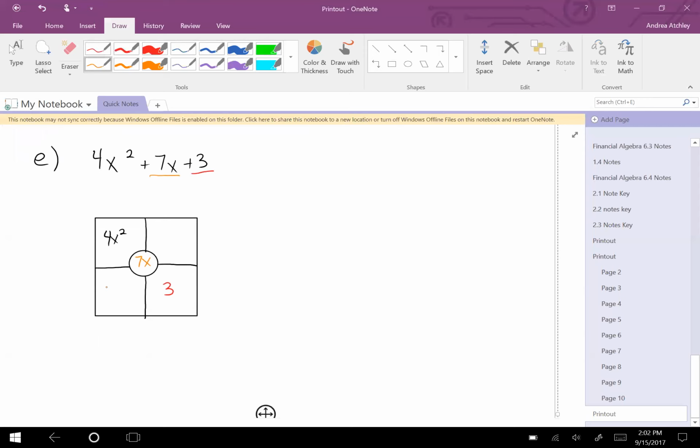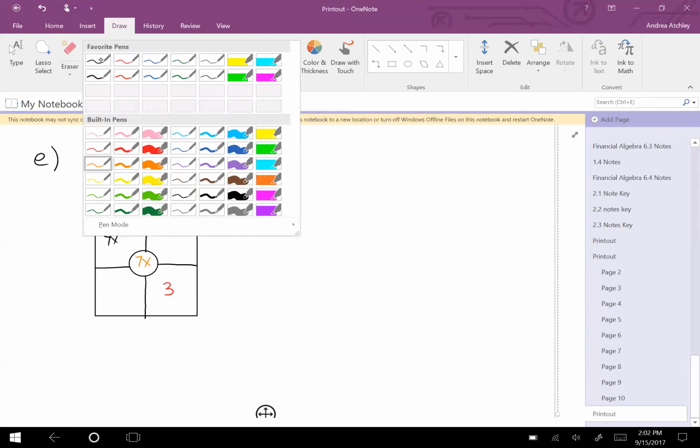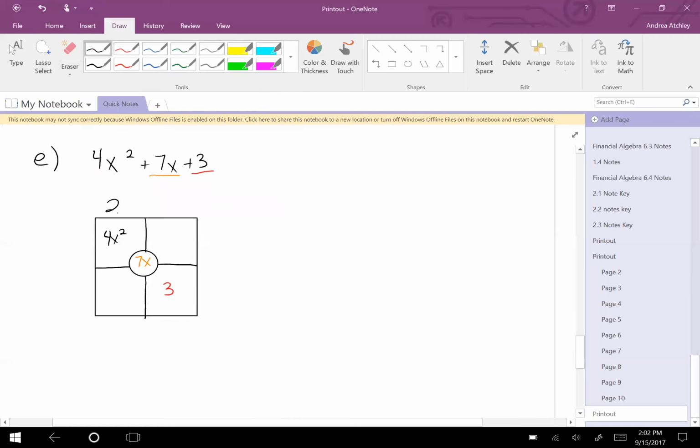So at first, we want to know what multiplied to the 4x squared. So let's see, 2x and 2x multiply to 4. I'm guessing this.